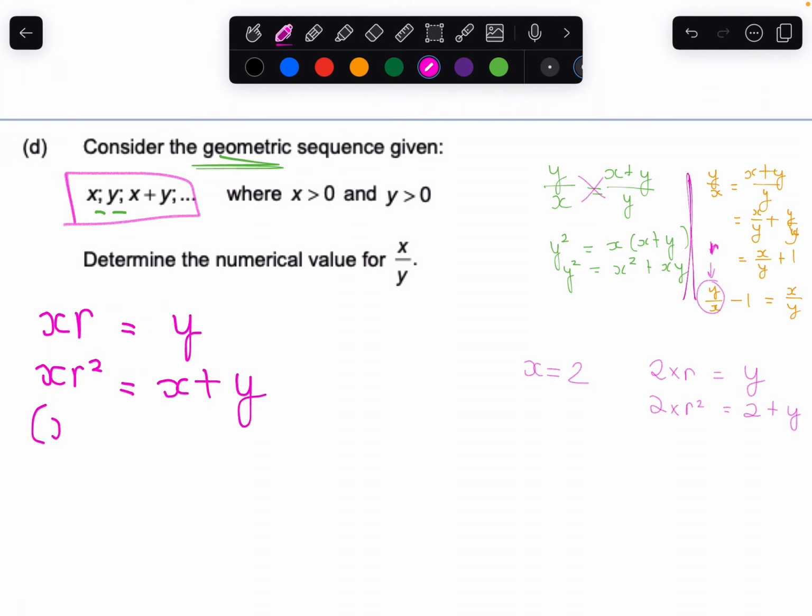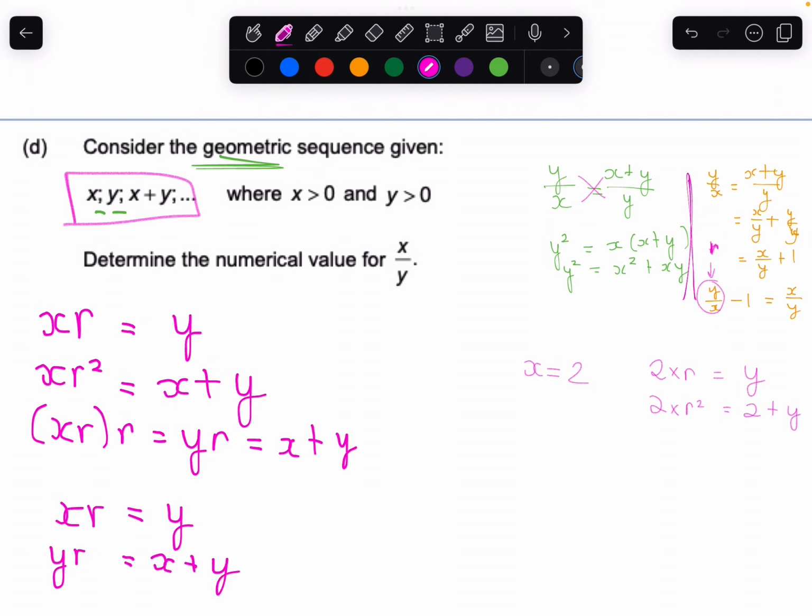And xr is the same as y, so r is equal to x plus y over... okay, but that's also just the same as, so xr is y, and yr is x plus y.